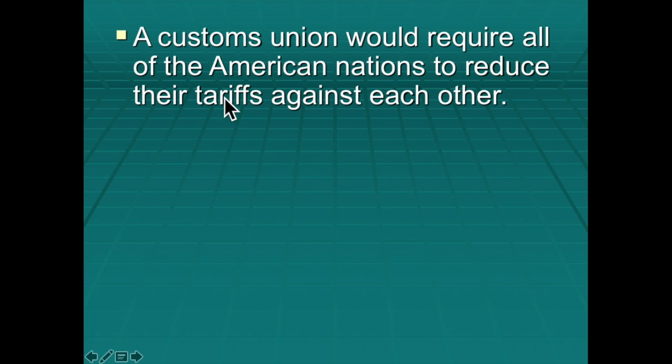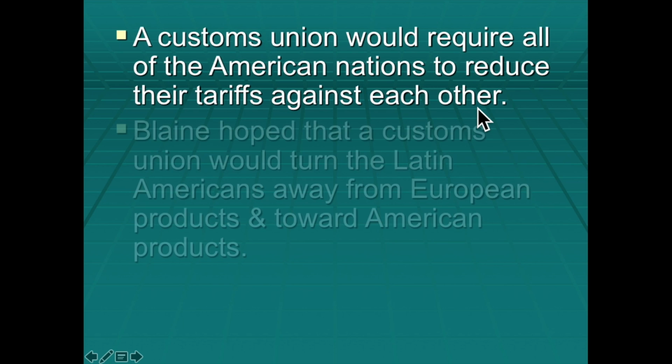So a tariff is just like a basic tax on import-export. So goods come in, and if they put high tariffs on it, it makes it less cost-effective. But if they start reducing the tariffs, then there are a lot of goods going back and forth being bought and sold with the imports and exports.